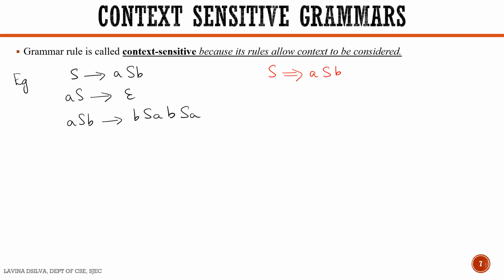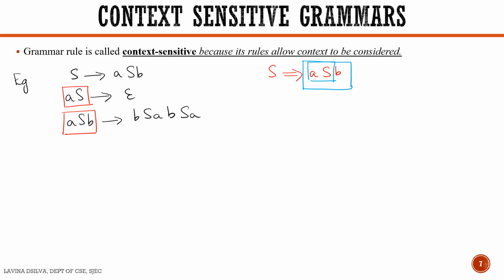Now if you look at the left hand side of this rule, we have got AS and then we've got ASB. So if we see this AS here, we can replace this by an epsilon. Or if you see ASB, then we can replace this by BSA. Now here we take into consideration the context in which S appears.